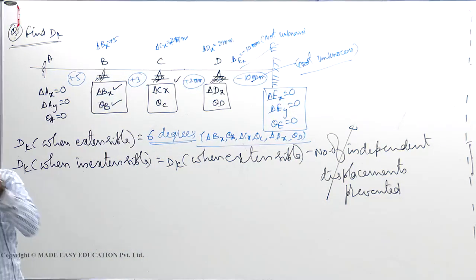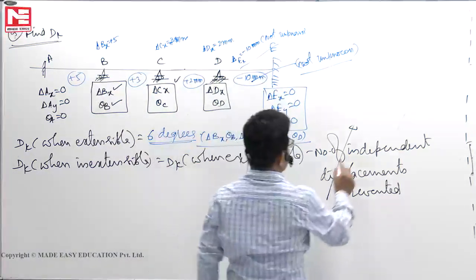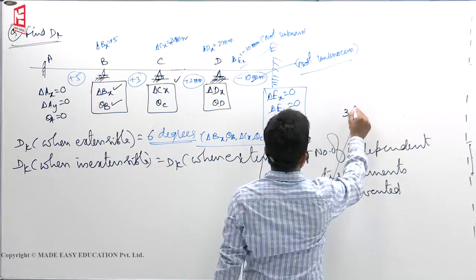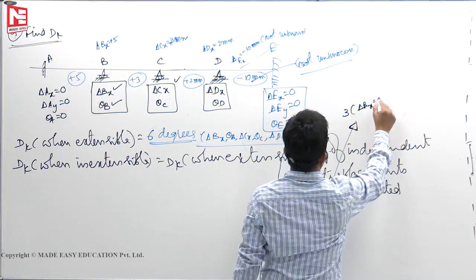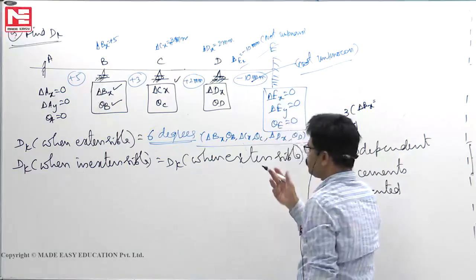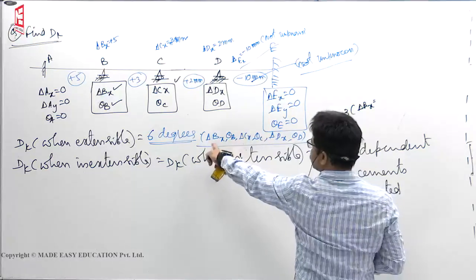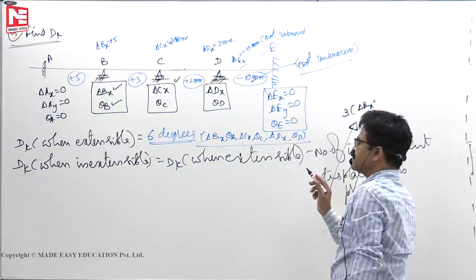Okay. So like that, independent displacements prevented: how many are prevented now? In this case only 3. What are they? Delta Bx, delta Cx, delta Dx. When the members are elongating, the 6 degrees I have explained, Bx, Cx, Dx all are possible, so 6 degrees.